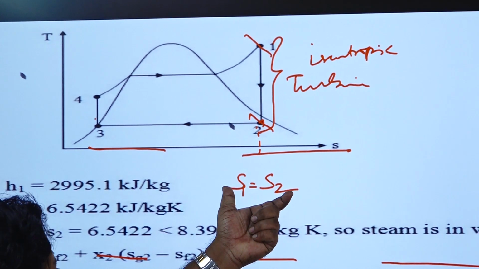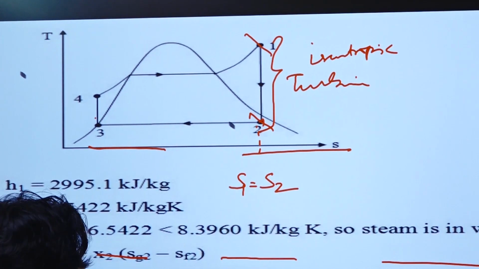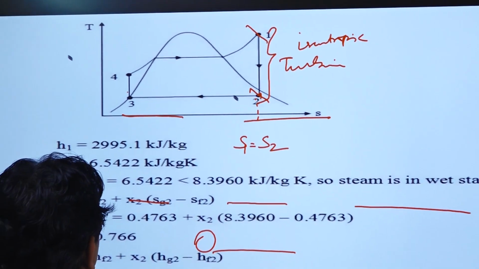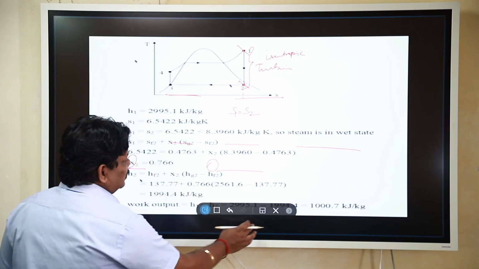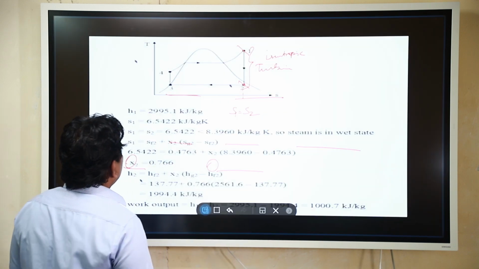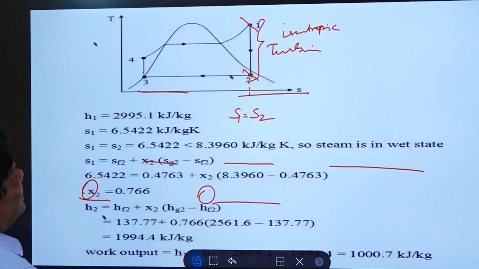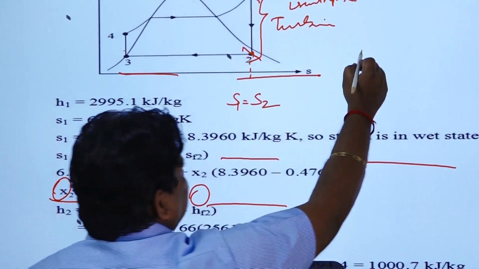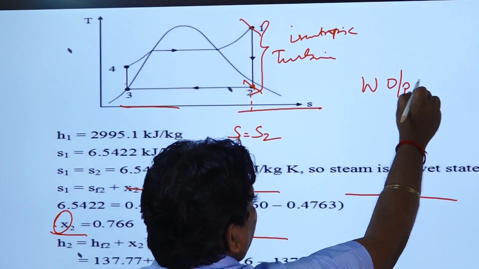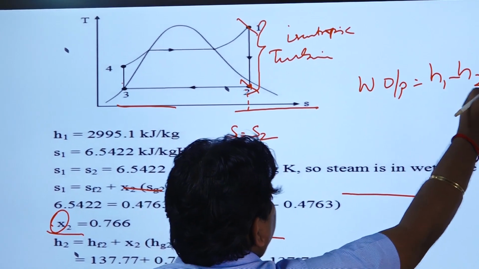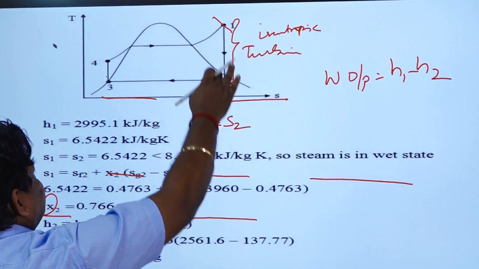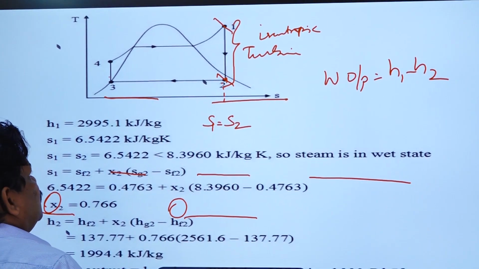Only with the help of this, you can find the value of this work output. H1 is given to you, and you have to find the value of H2. If you find the value of H2, the work output is equal to H1 minus H2. So how will you find this? The only hint is that the expansion takes place as an isentropic process.